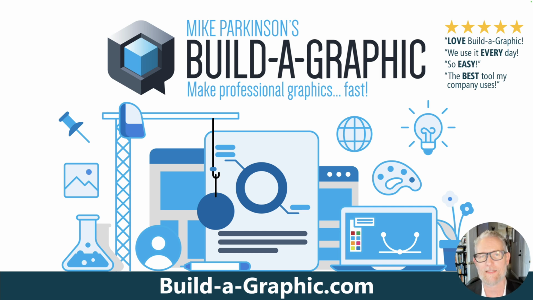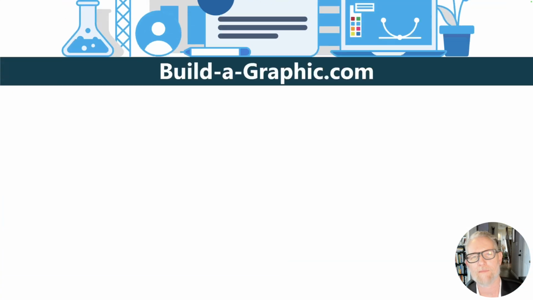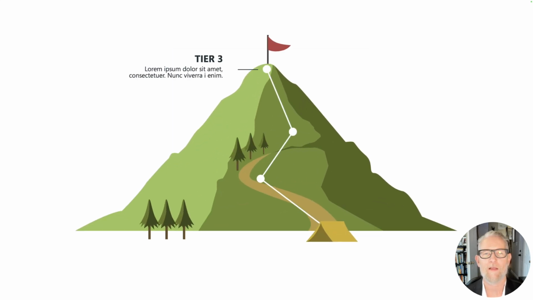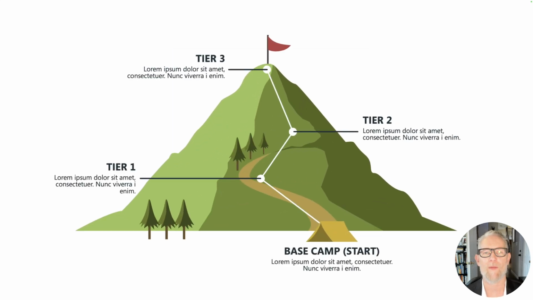If you don't have access to in-house designers or to 24-Hour Company, designers are always going to do it better, faster, cheaper, but welcome to the real world where you sometimes have to do it yourself. So I'm going to use Build a Graphic to test out these ideas, the pyramid graphic, that journey graphic up the mountain.